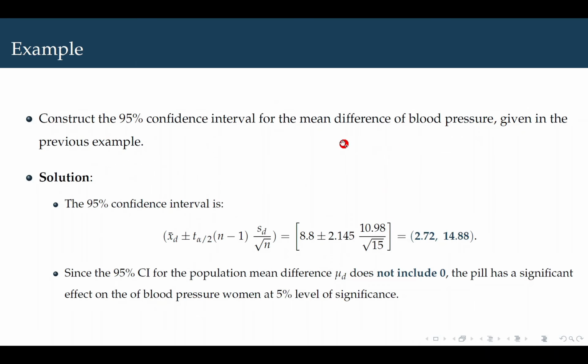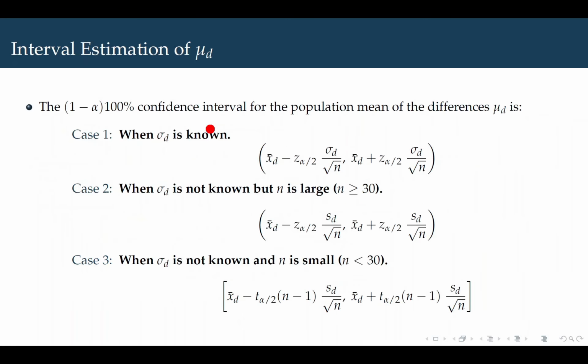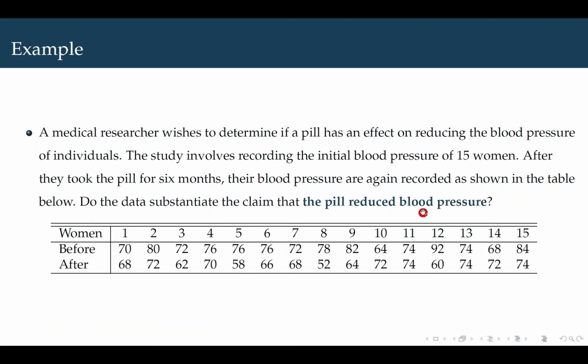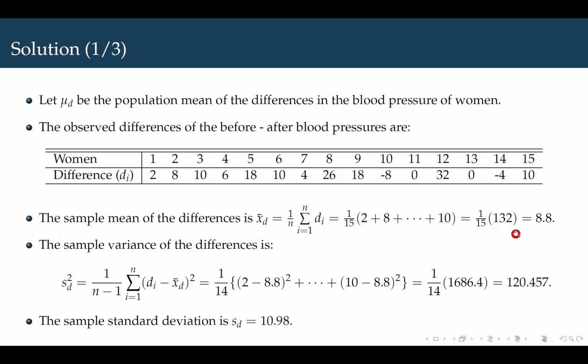So let's consider again the previous example for the construction of the 95% confidence interval for the mean difference of the blood pressure of women. In our particular example, we have calculated the sample mean of the differences as 8.8 and the sample standard deviation of the differences as 10.98.